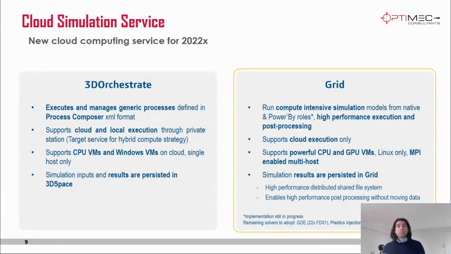On the post-processing side, there's also a new improved algorithm for managing the data from your results. So what you should see is that when you want to see your results, it should be faster to get the first animation, the first contour plots of your simulation results.